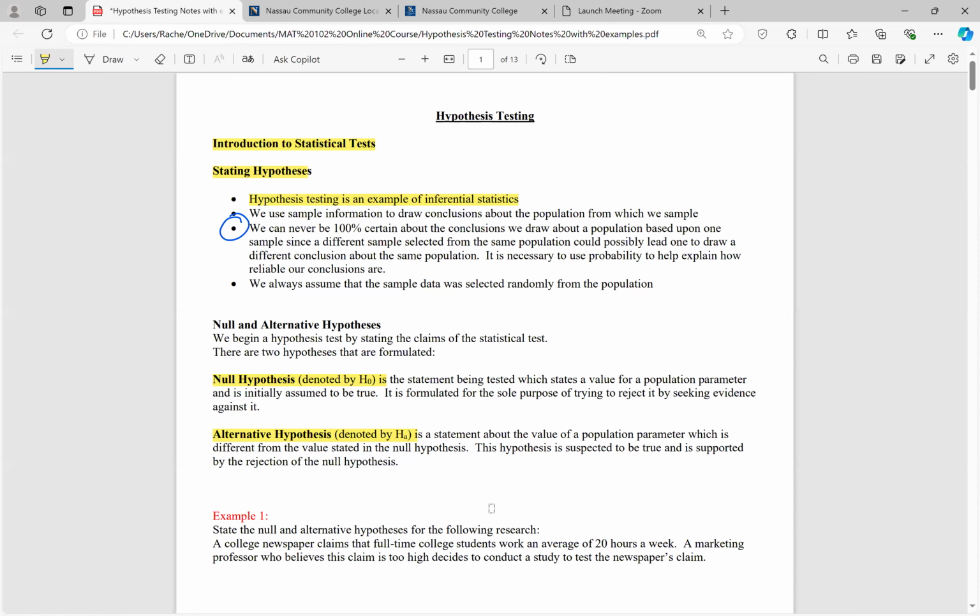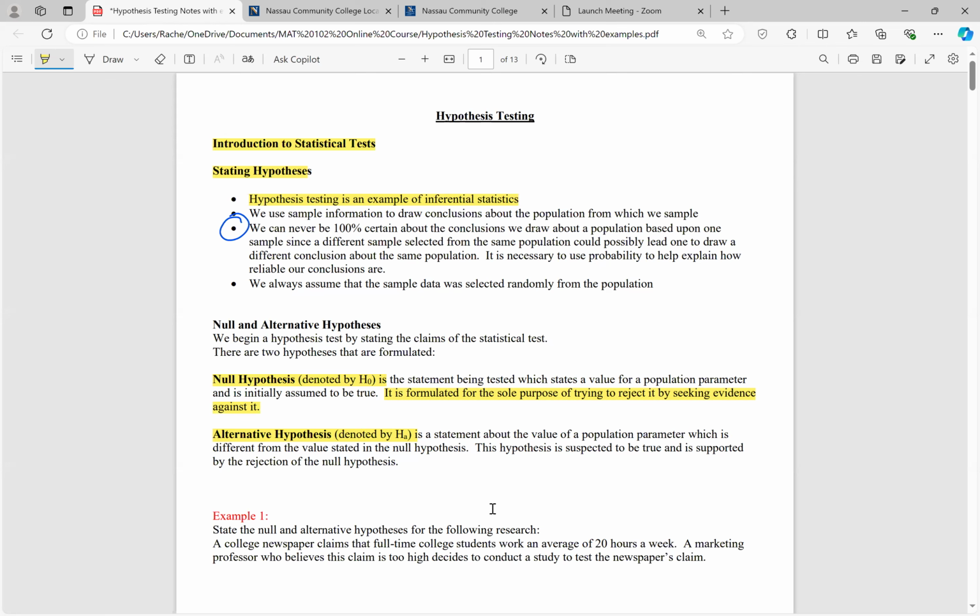The point of formulating the null hypothesis is to try and reject it by seeking evidence against it. If you don't find enough, strong enough evidence against it, then you can't go against the null, and we have to keep assuming it's true.